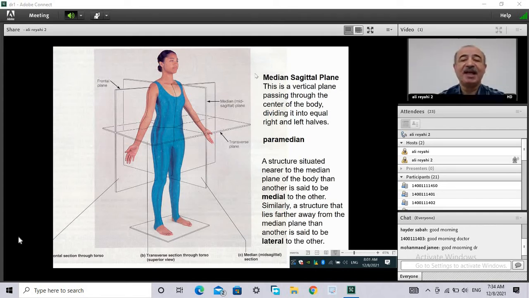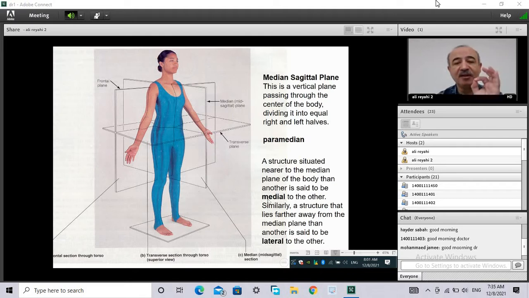The first plane that passes through the body is sagittal or median sagittal. If you remember, the median sagittal is a vertical plane that passes through the body and divides the body into two equal halves, right half and left half. And by this sagittal plane, we have some terms like medial and lateral.